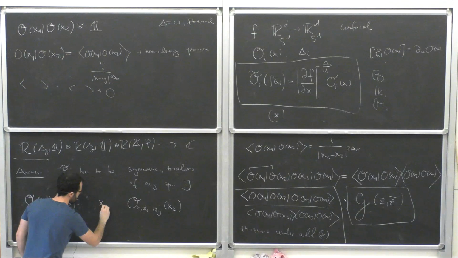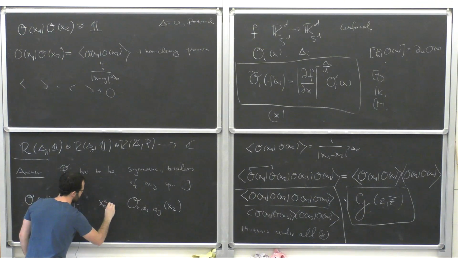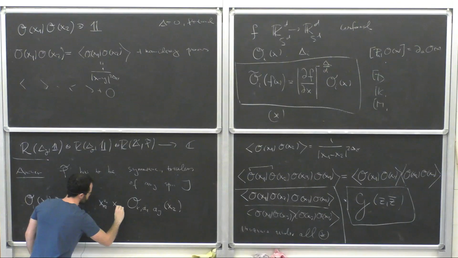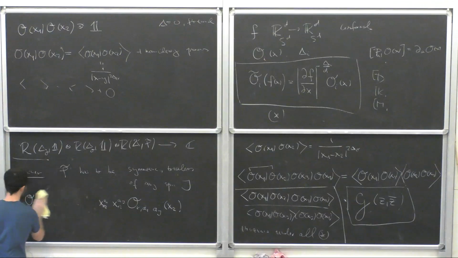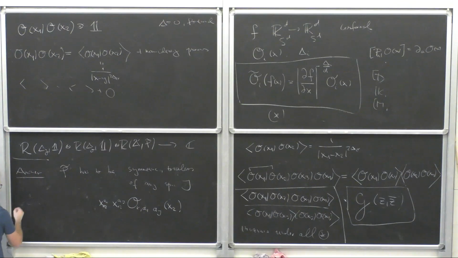So the way we can do it is to say x_12^a1 ... x_12^aj. I'm not changing anything, I'm just going to compactify the left-hand side a little bit. O_i(x1) O_j(x2).